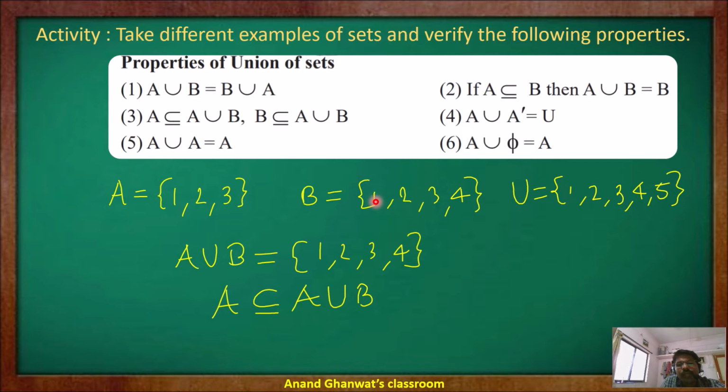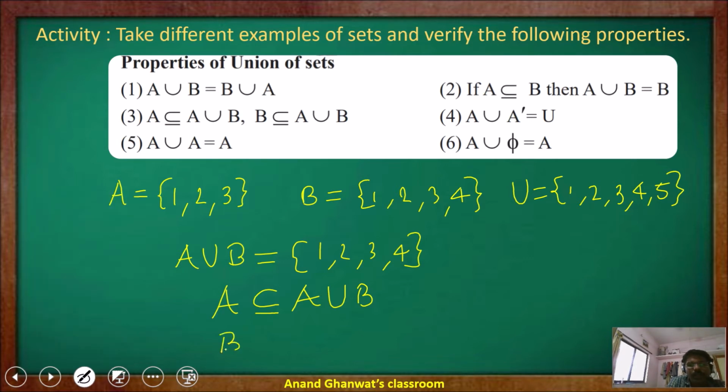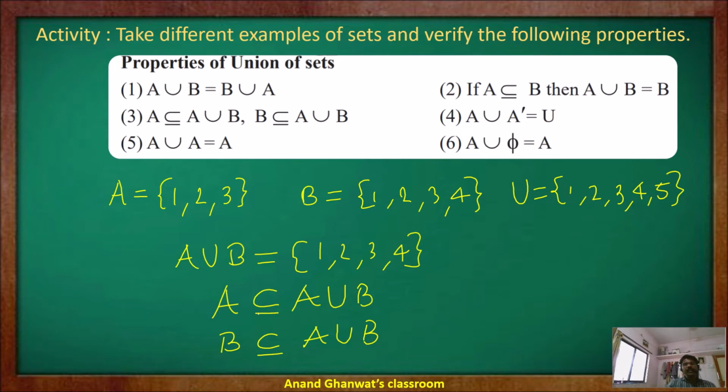Now element 1 present in set B, it is present in A union B. 2 present in B, it is present in A union B. 3 is present in B, it is present in A union B. 4 is present in B, it is present in A union B. That is, all the elements of set B are present in A union B. Therefore, B is a subset of A union B. So it is common that A is a subset of A union B and B is a subset of A union B.